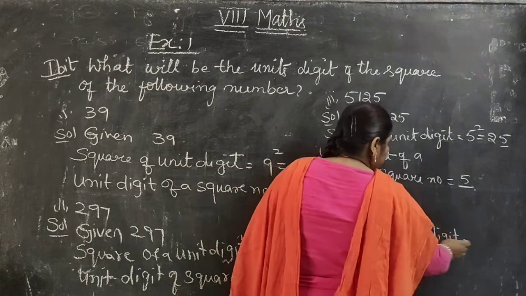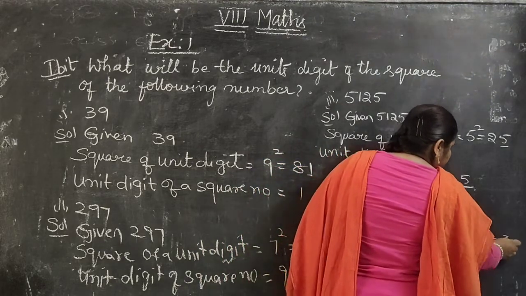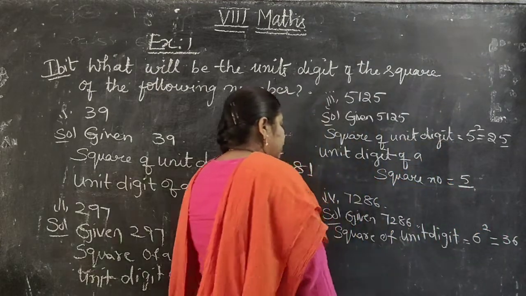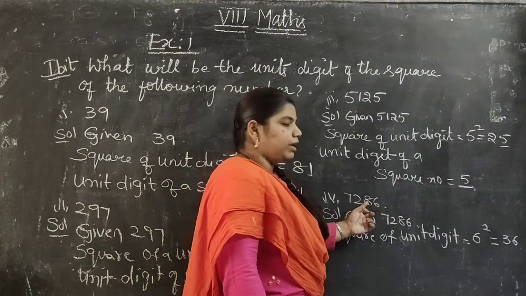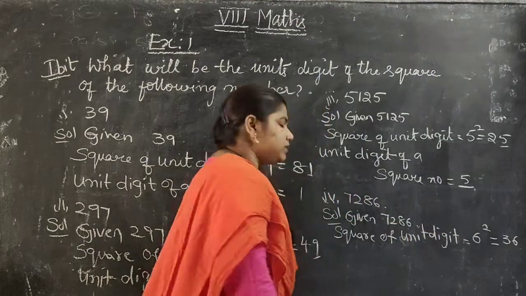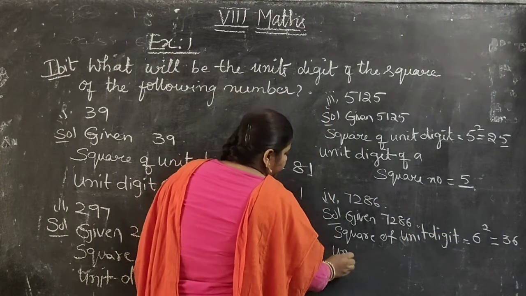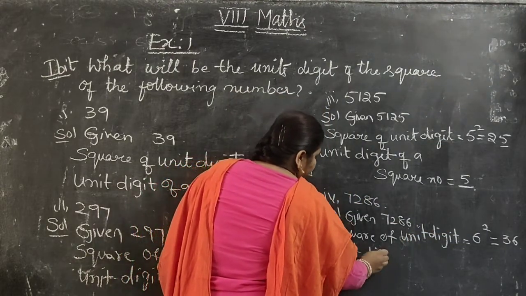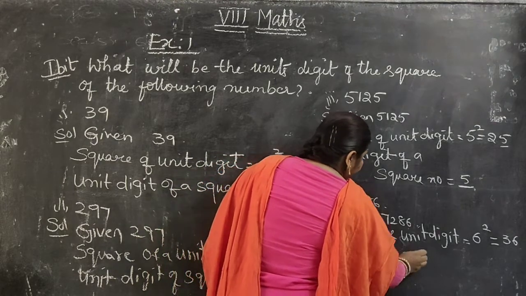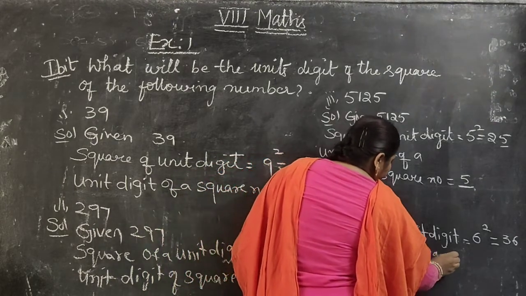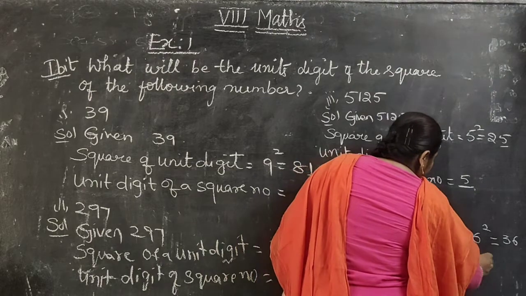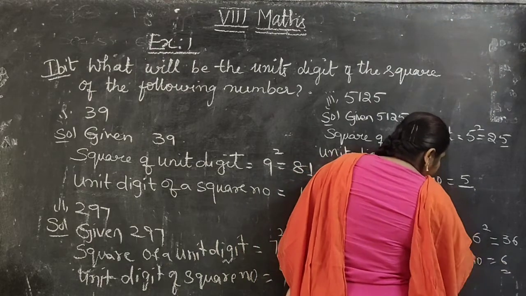That is 6. So 6 square is how much? 36. In the same way, if you square this 7286, again the unit place will be 6 only. So the unit digit of the square number is 6 itself.